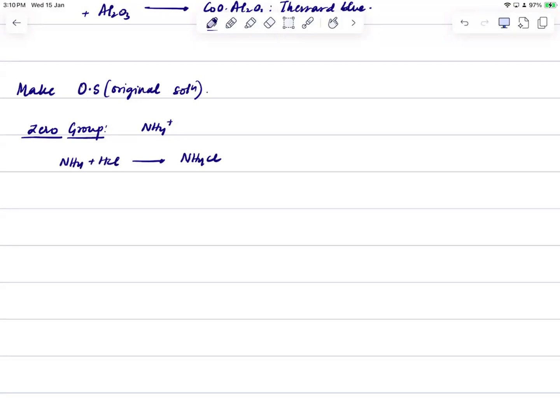Now what you do is pass this ammonia, with some base, to Nessler's reagent. That is 2 moles of K2HgI4 plus ammonium chloride in the presence of 3 moles of KOH. In that case, we'll get HgO.HgNH2I.